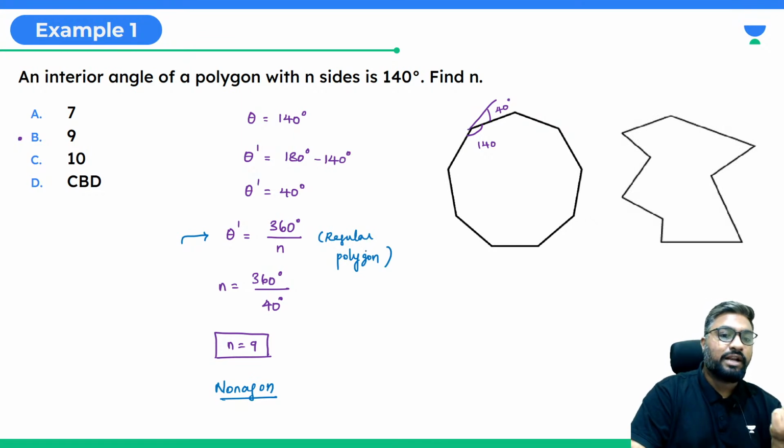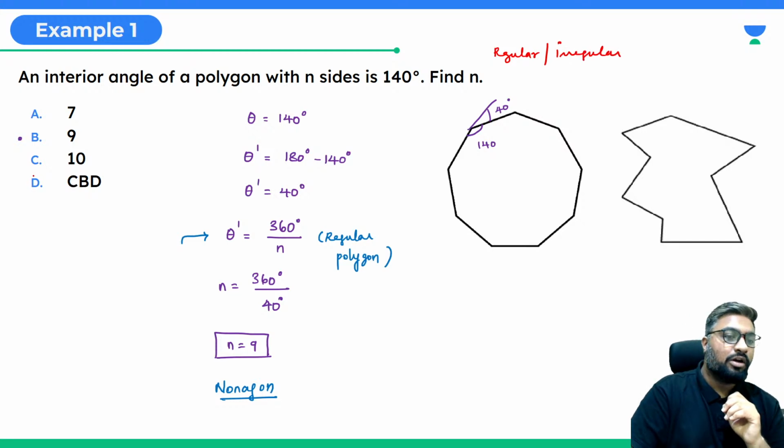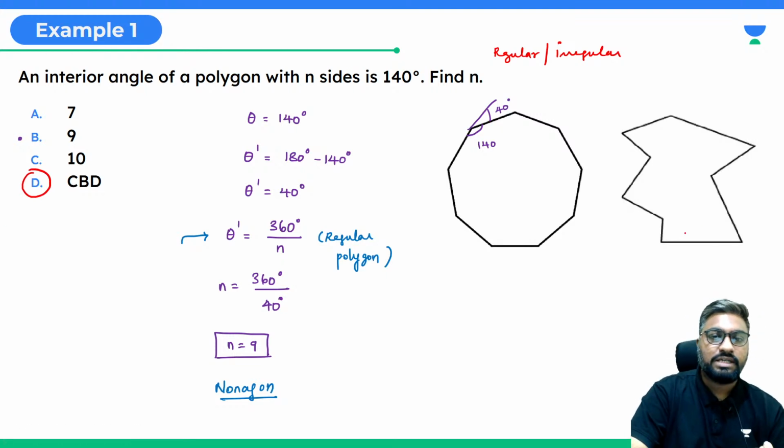What if the polygon is not regular? What if it's like this? What if it is an irregular polygon? Since it is not mentioned in the question whether the polygon is regular or irregular, the answer will be: cannot be determined. What if you just ended up finding out that this angle is 140 degrees and this angle is 40 degrees? How can we say for sure that all the angles will be equal?